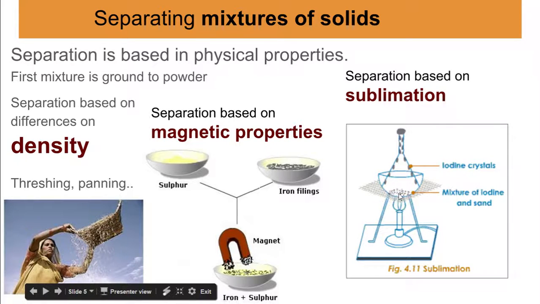And as the temperature rises, the iodine would sublime. But when the gas touches the cold side of the glass, it's going to crystallize. So iodine crystals are gathered along the funnel, and the sand is going to be left down. So those two solids were separated with this method.